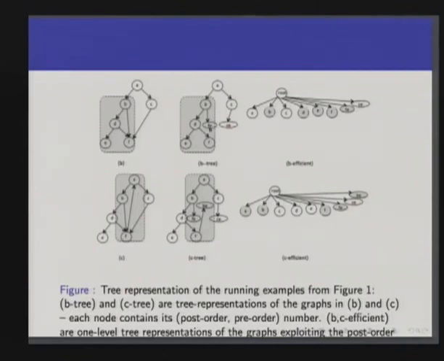This super node, which is basically the forward edge from node B to F, contains information about the pre and post order numbers of both the source and destination. Similarly, we can see in this figure this edge which originates from C up till F, this is a cross edge.